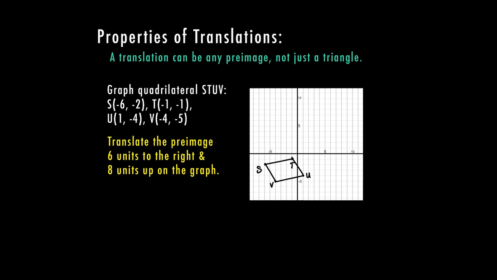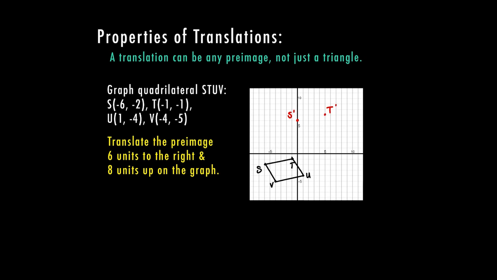So I'm going to start with my S, and I'm going to go 6 units to the right, 1, 2, 3, 4, 5, 6, and 8 up, 1, 2, 3, 4, 5, 6, 7, 8. So my image S is up here at 0, 6. For my T, I'm going to count again, 6 to the right and 8 up.